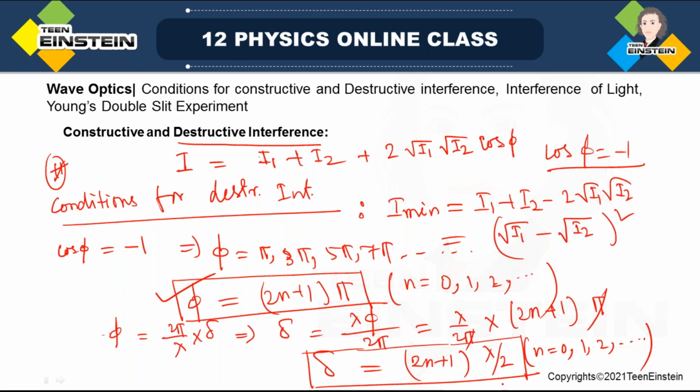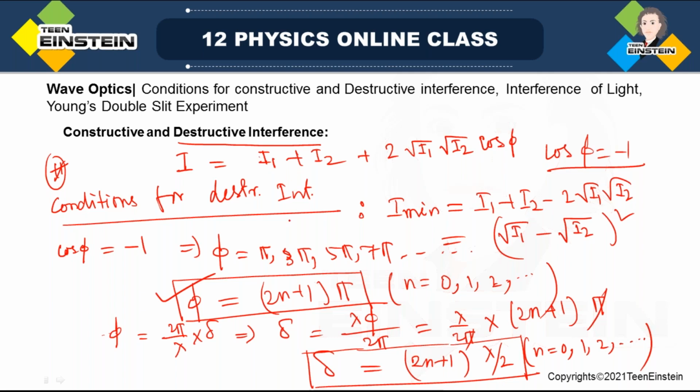I'll just read it out. The resultant intensity at a point is minimum when the phase difference between two superposing waves is an odd multiple of pi, or the path difference is an odd multiple of lambda by 2. So this is the condition for destructive interference.